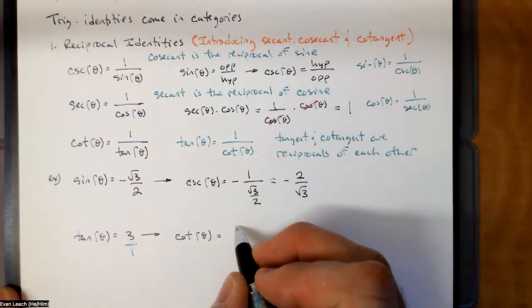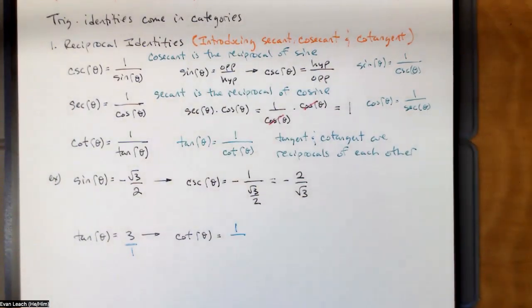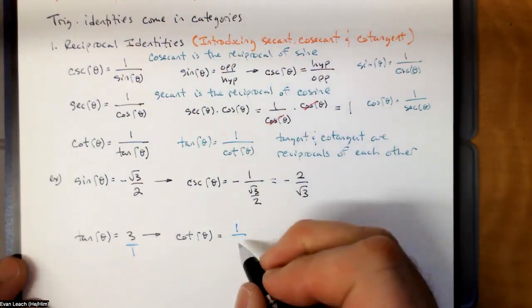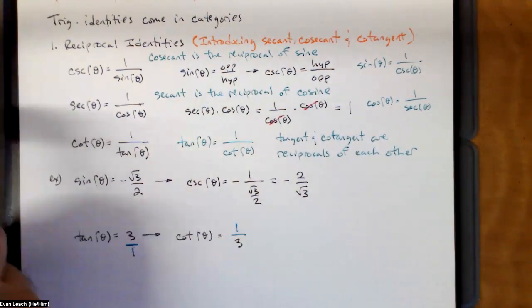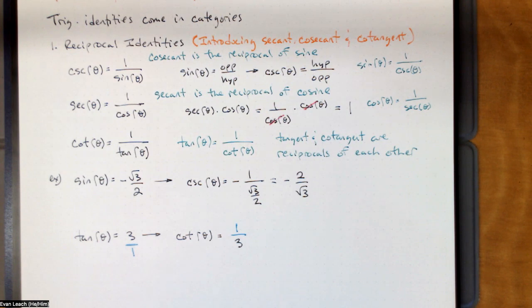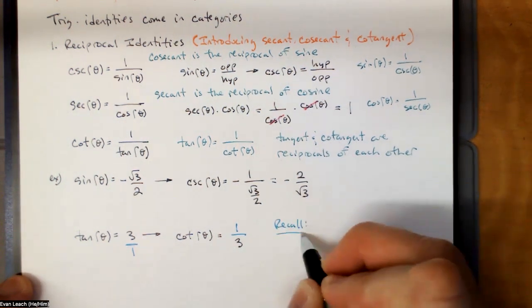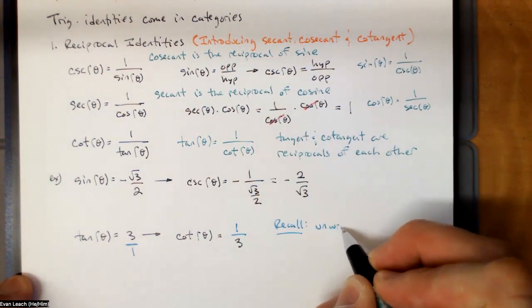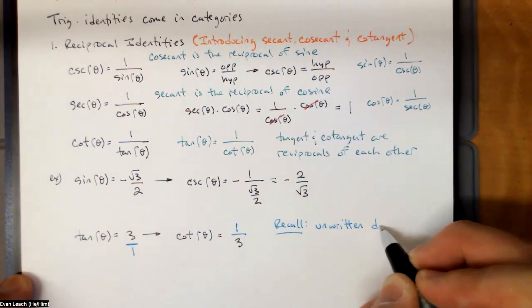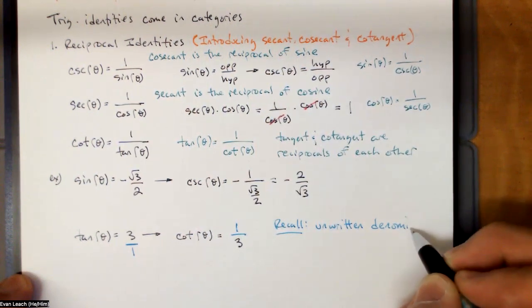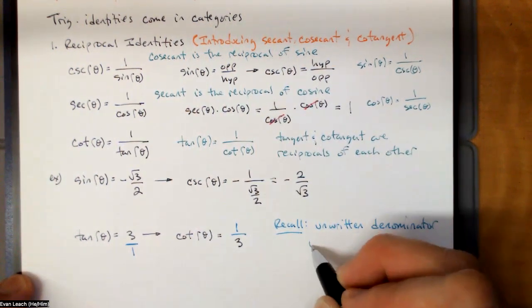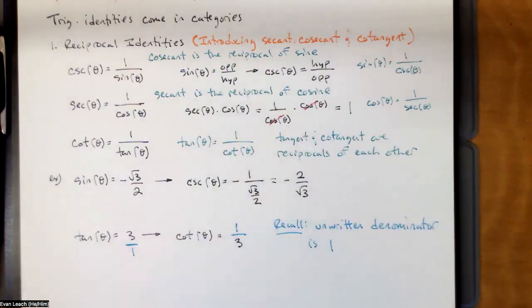So when we flip it over, we have 1 over 3. The unwritten denominator is 1.